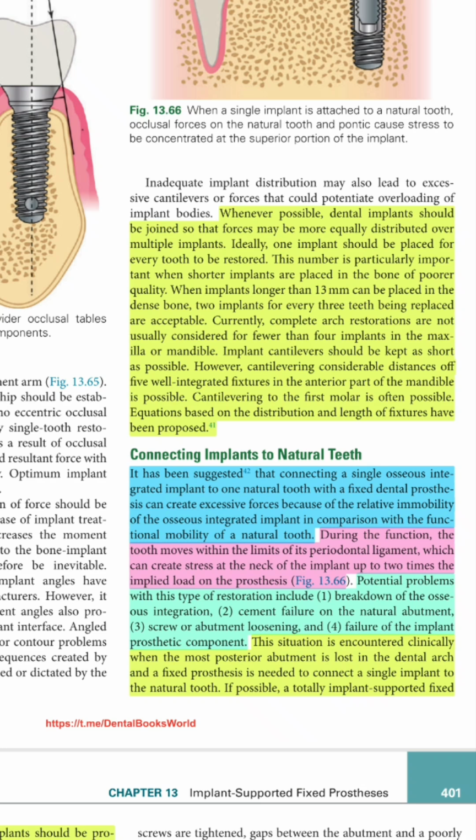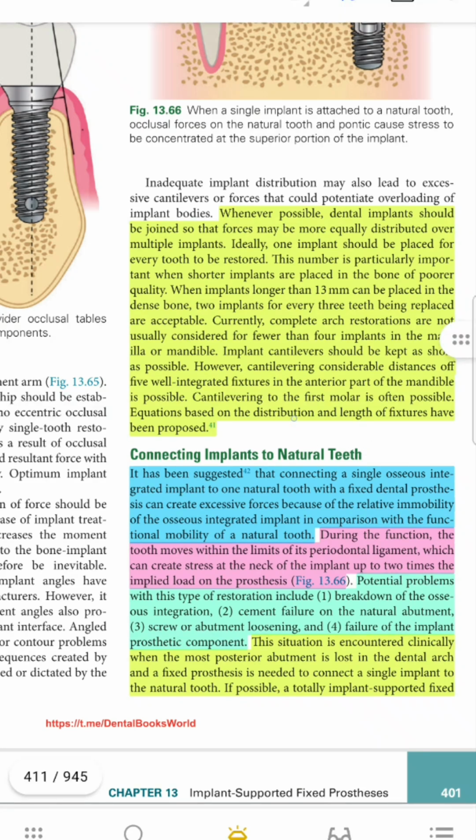Implants should be joined so that the forces may be more equally distributed over the multiple implants. One implant should be placed for every tooth to be restored. When implants longer than 30 millimeter can be placed in a dense bone, 2 implants for every 3 teeth being replaced are acceptable.